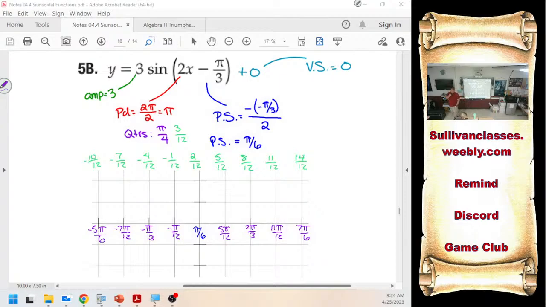Okay. This is just adding and subtracting fractions. And then you just.